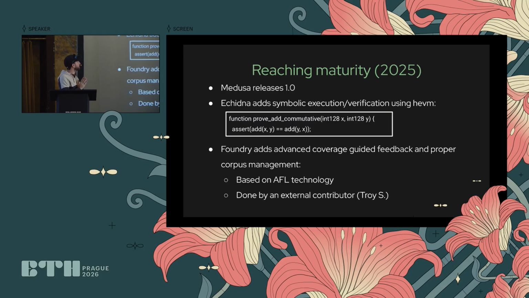So the next year, tools start to reach maturity. We have Medusa reaching 1.0. We have Echidna adding some kind of symbolic execution verification using HBM infrastructure that allows very focused verification on some functions, on some properties.